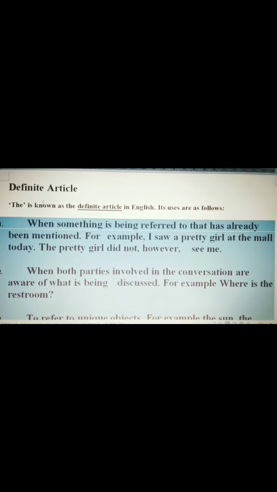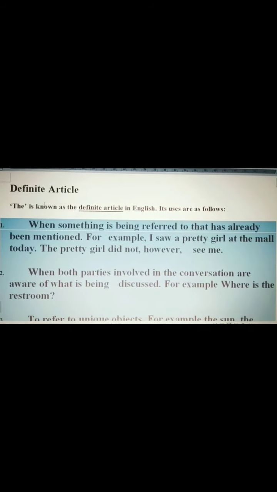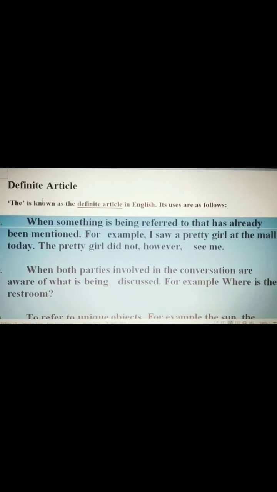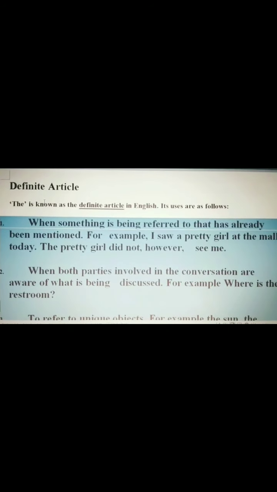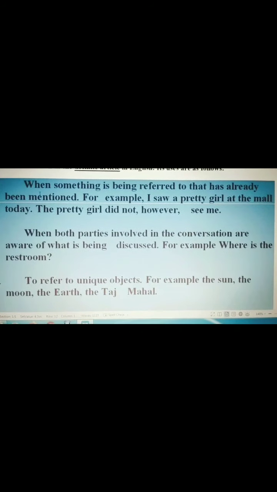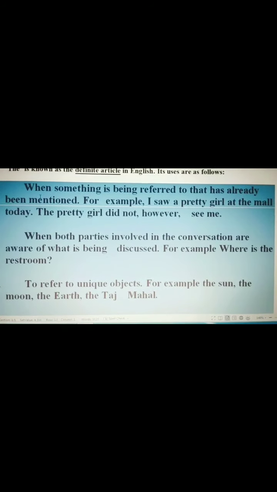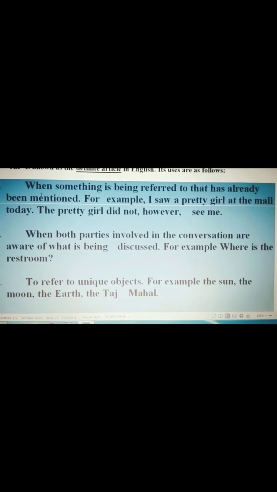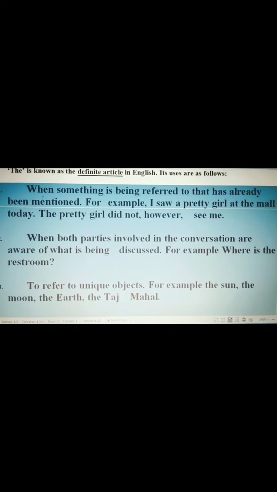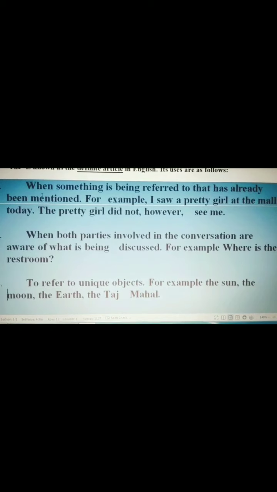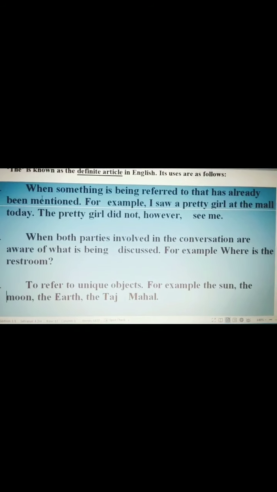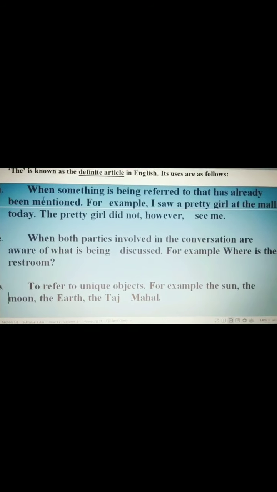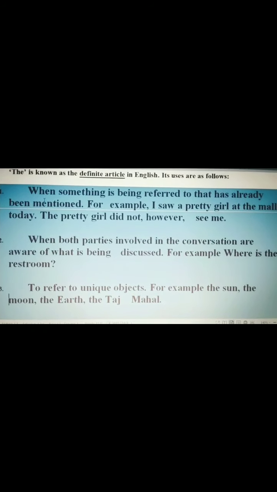When you are talking about something which you are already aware of, you have already mentioned, so the will be used. Secondly, when both parties involved in the conversation are aware of what is being discussed, at that time also we are going to use the. The example you can see, where is the restroom?